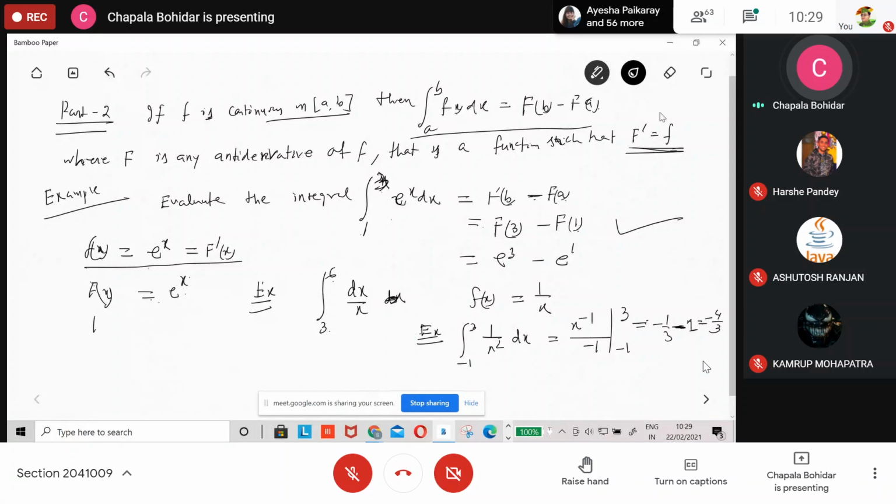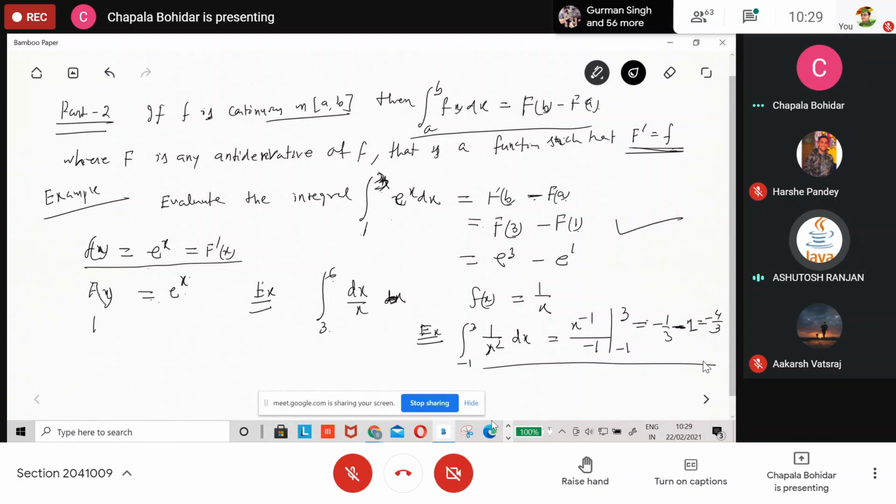What is wrong here? It should be minus 1 by 3 plus 1. Here there is a negative sign, so minus minus gives plus.